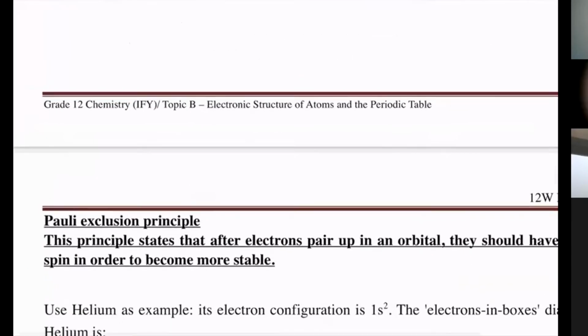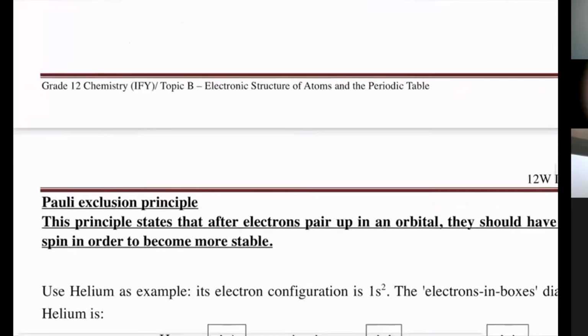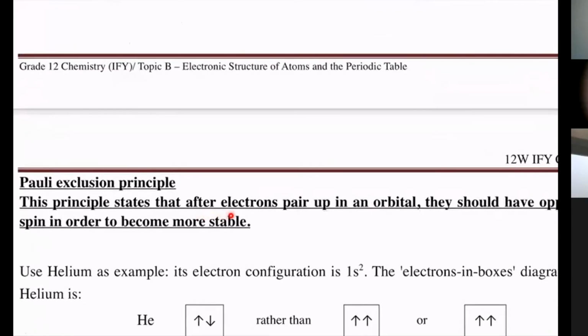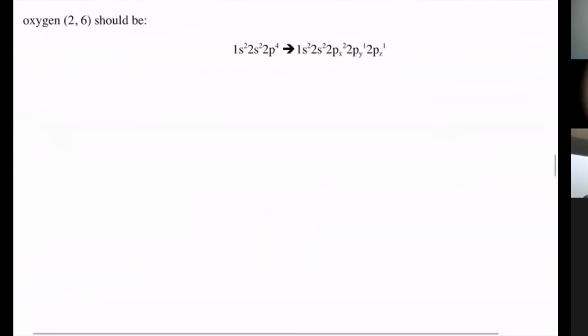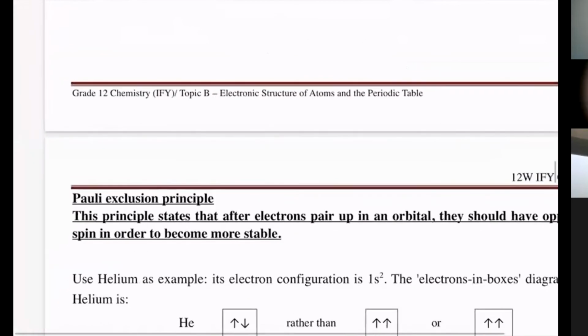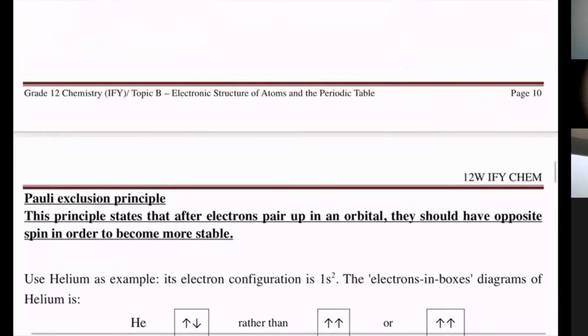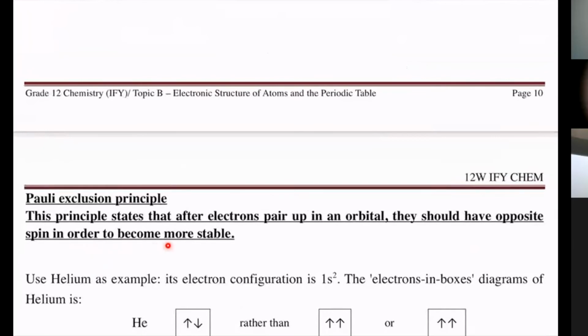According to the Pauli exclusion principle, after electrons pair up in an orbital, for the previous example, they paired up in the px orbital, they should have opposite spin in order to become more stable.